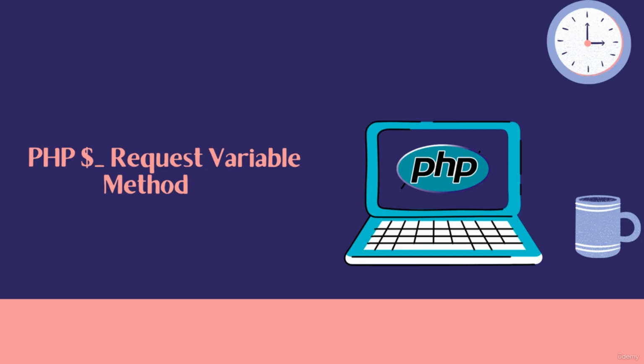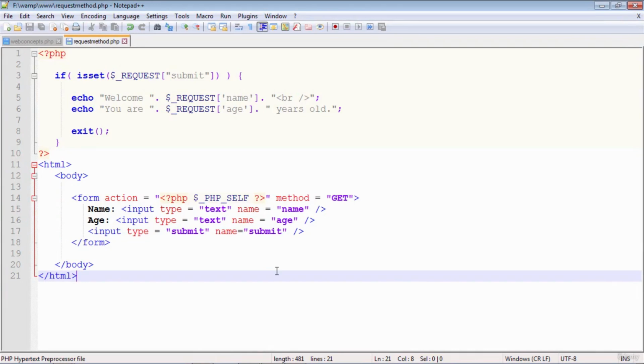There is another way of processing the form data on the server side, that is by using the $_REQUEST variable. That is another super global that is maintained by the server. Another way of processing the form data on the server side script is using the request associative array.